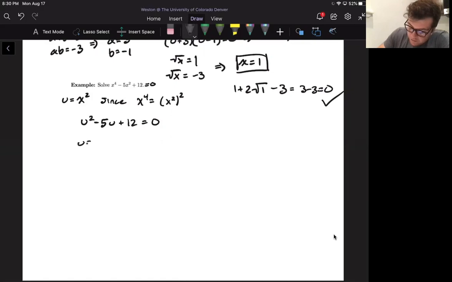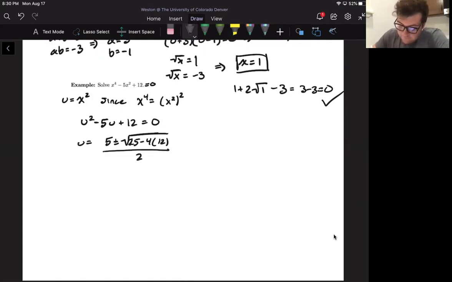So we'll find that u equals negative b plus or minus the square root of b squared minus 4ac, all over 2a. And that then gives us 5 plus or minus the square root of negative 23 over 2.